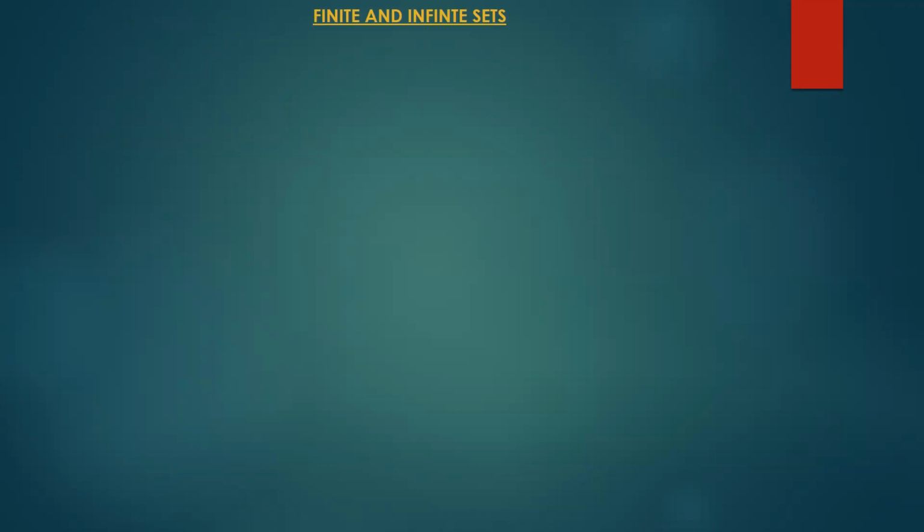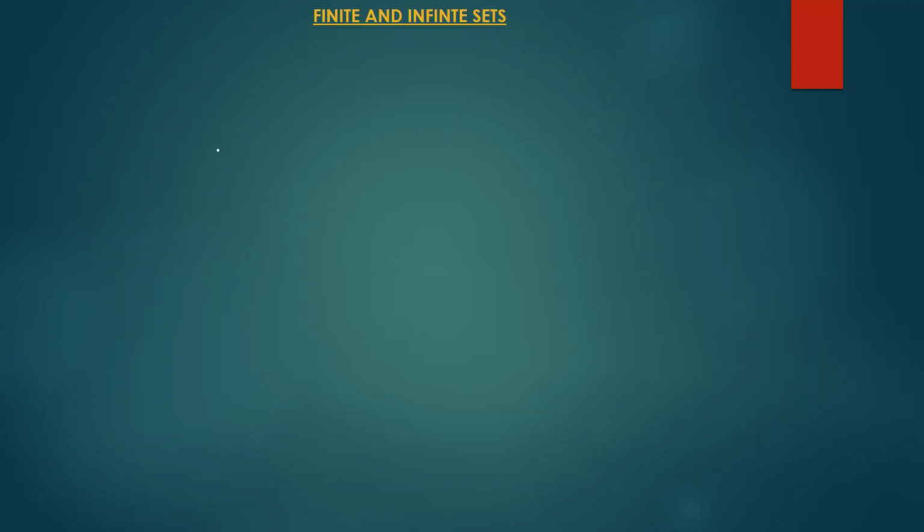So a finite set is simply a set that consists of elements that you can manage to count. And then an infinite set is simply a set that has elements that you can't count. In short, it has an infinite number of elements.